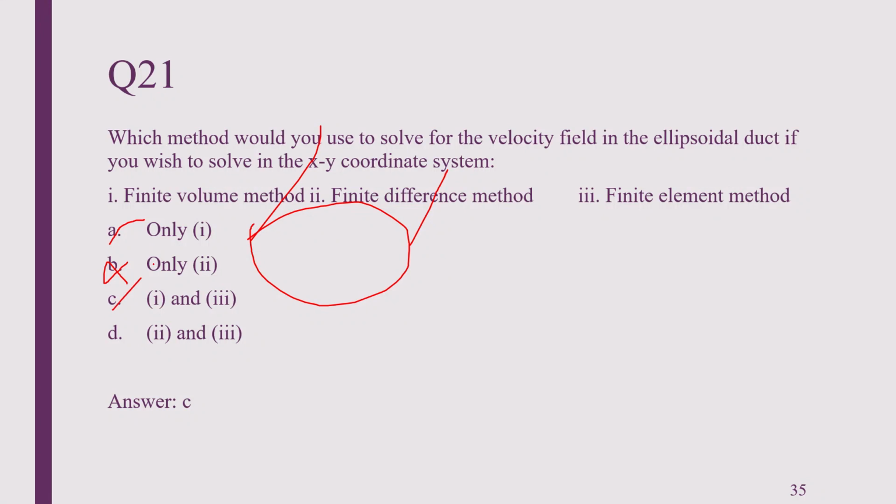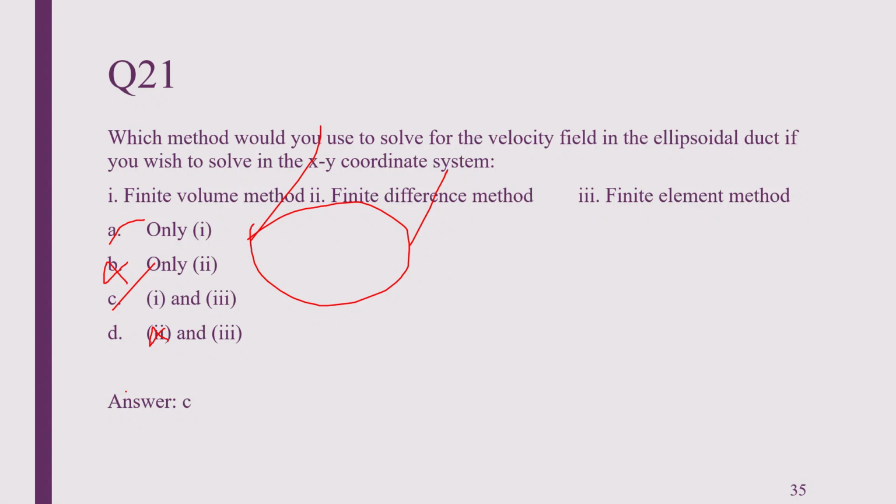Option C, 1 and 3, is right. Option D, 2 and 3, is not right because of 2. In the question it is clearly mentioned that we would be solving for the velocity field in the ellipsoidal duct in the xy coordinate system, which is not possible with the finite difference approach. So the finite volume approach and finite element approach are the right answers. So 1 and 3, which is given in option C. So C is the right answer. I hope it is clear.